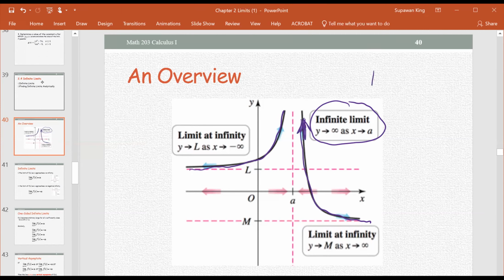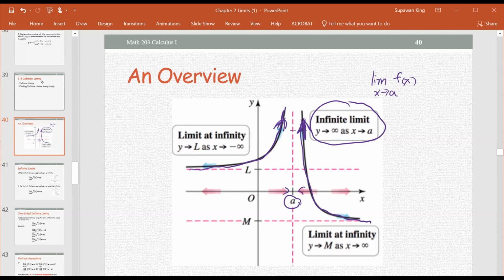If you put it in the limit form, the limit of the y, which is the function f of x, as x approaches a, this is the value a, coming with no plus or minus sign. That means both directions of the a, like coming from the left, coming from the right. The function value, that means both graphs, the left and the right graph here.